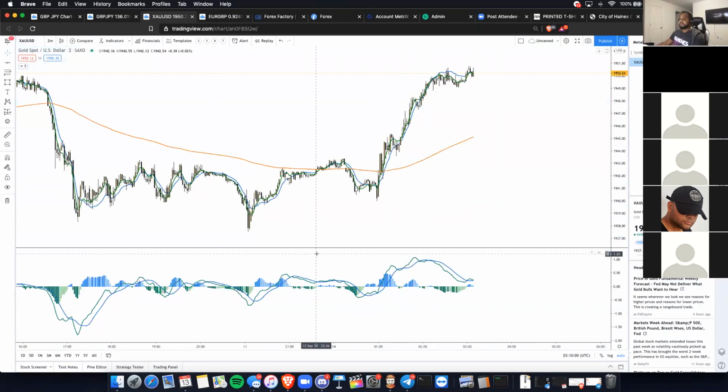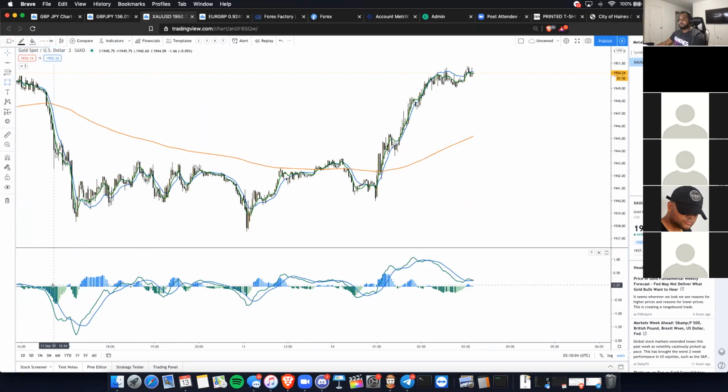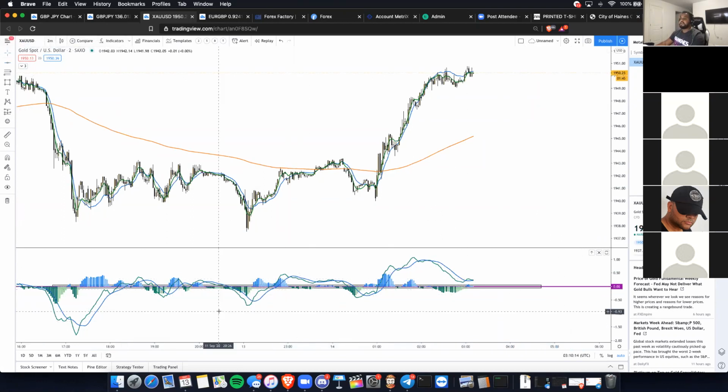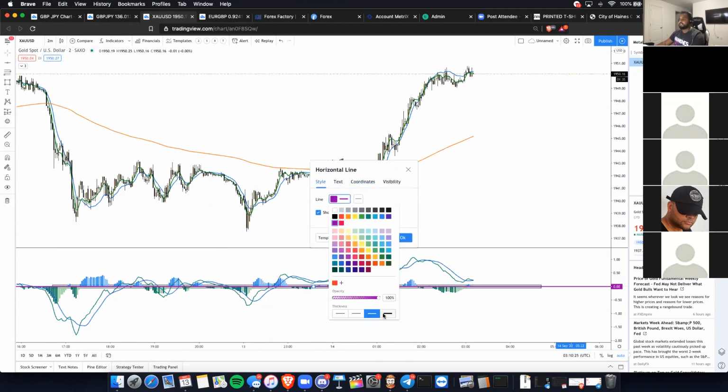So if you guys look, let's say we were to draw a box here, and we draw a horizontal line at the 0%. If you see these moving averages, this box, or this purple line that we have, represents the overall support or resistance for the market.